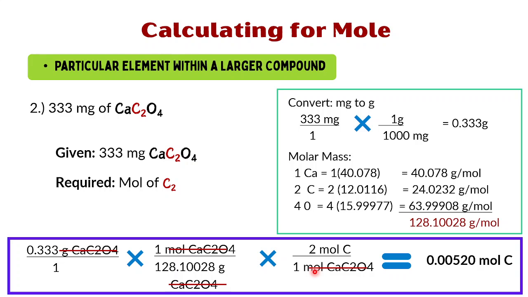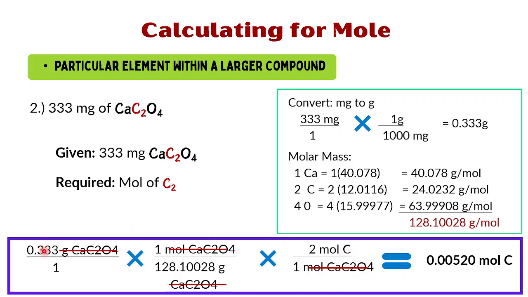So in here, for every 1 mole of calcium oxalate, there are 2 moles of carbon. And since the units cancel out with each other, the unit that will remain from this calculation is the mole of carbon.